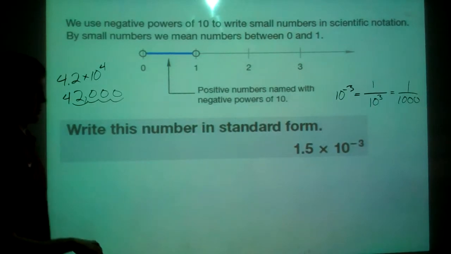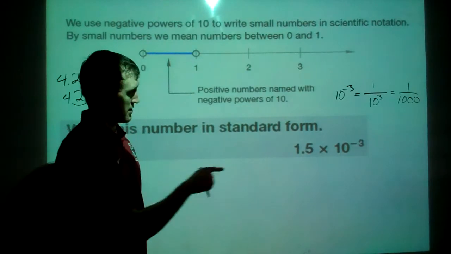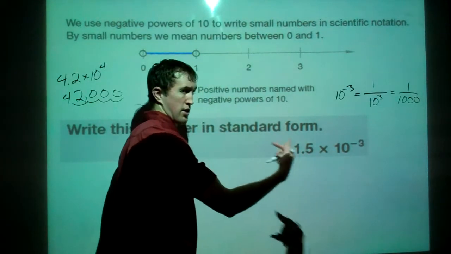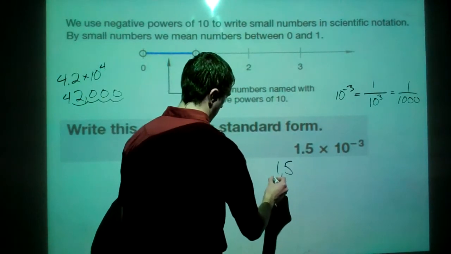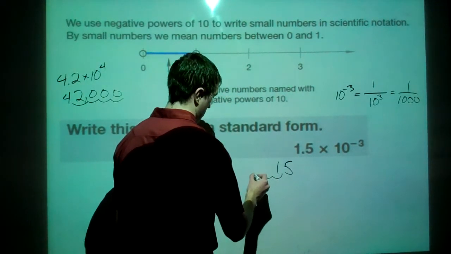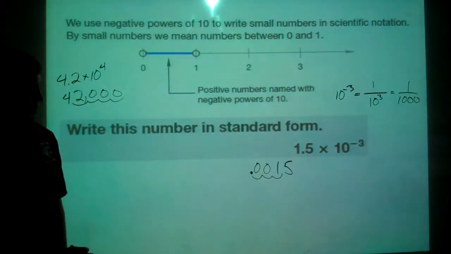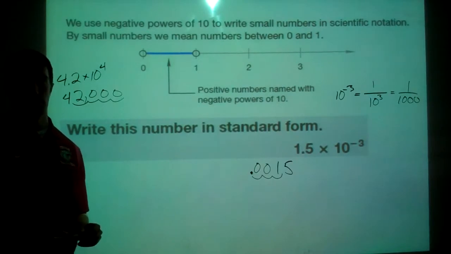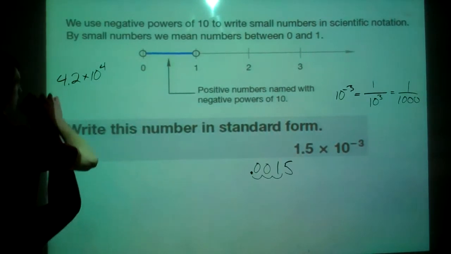If we have a negative exponent, guess what? We can move that decimal 3 spots here, but we're going to move it to the left this time because it's negative. 1, 2, 3. And then we can still fill those with zeros, so it'll be 0.0015. Alright? So that's our shortcut there.